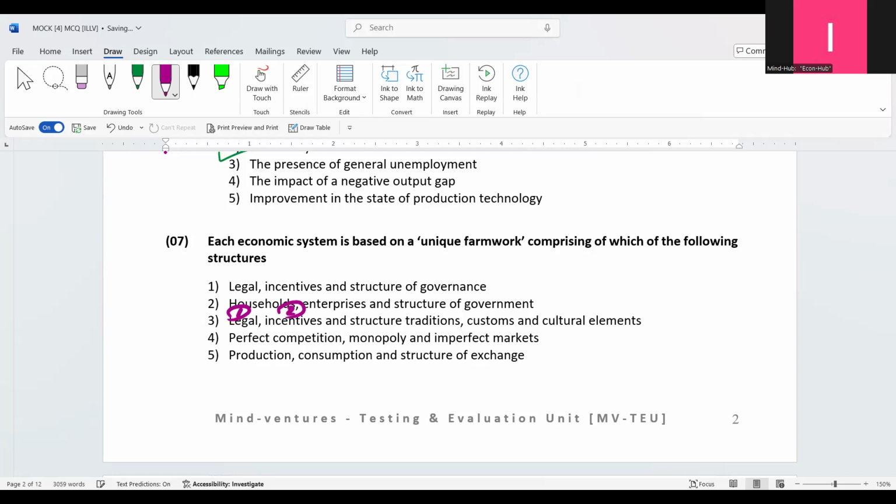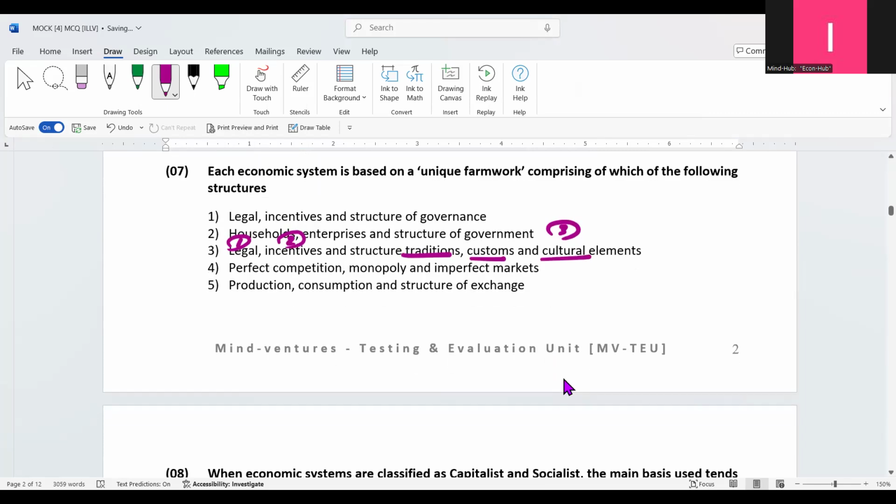Number 2, incentives. Number 3 encompasses traditions, customs, cultural elements. So these are the 3 elements that need to be there in the unique framework that is special to each economic system. So therefore, we go for answer number 3.